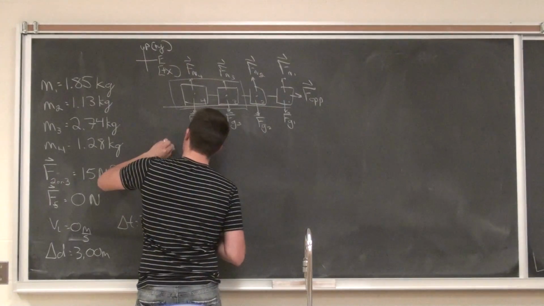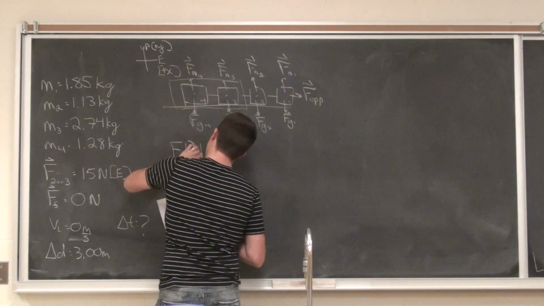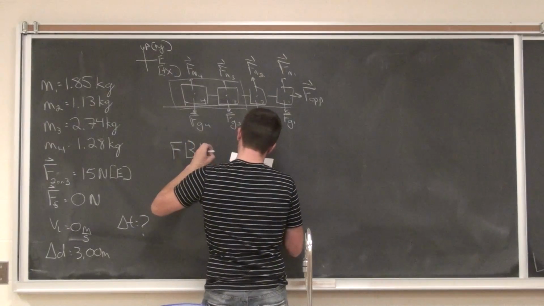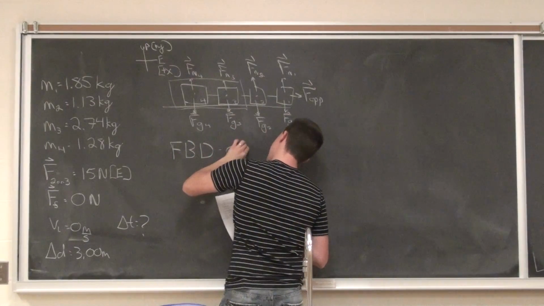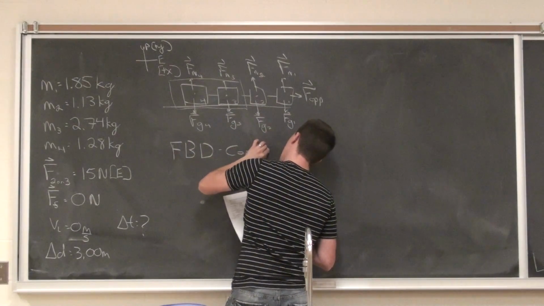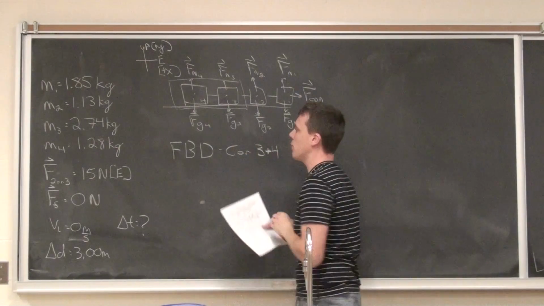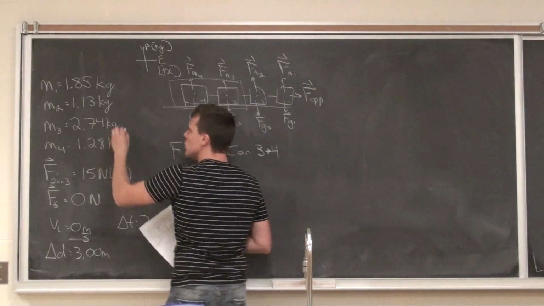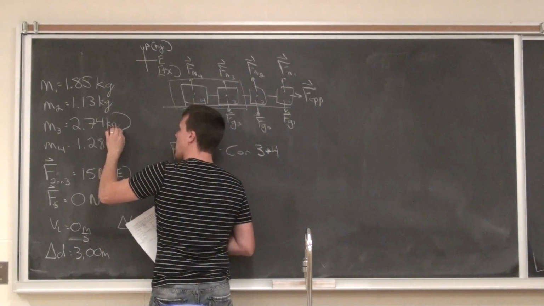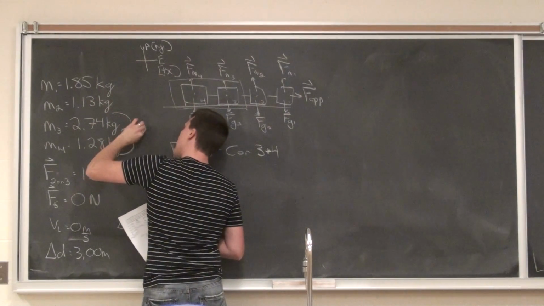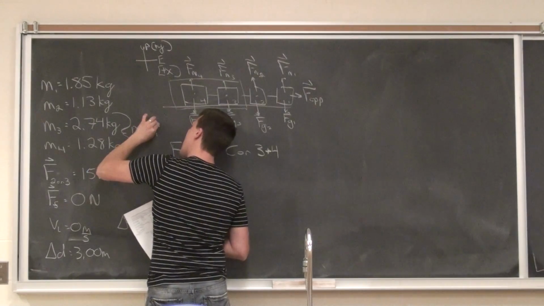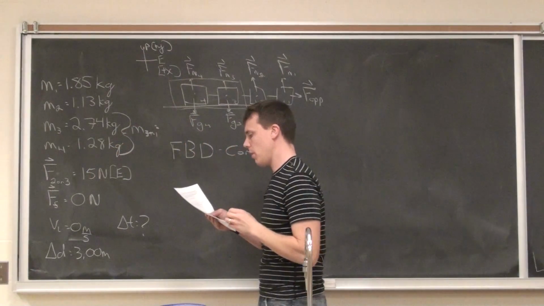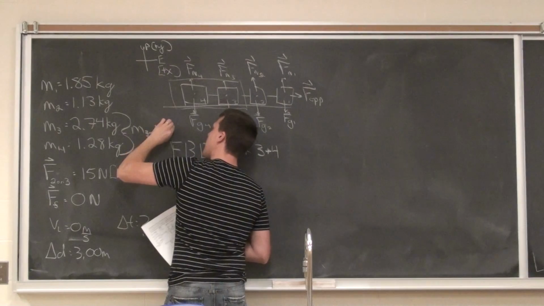So I'm now going to draw a free body diagram of car 3 plus car 4. So I'm going to make them into one box or represent them with one box. To do that, I know I'll need to put their masses together. So I'm going to call it m 3 plus 4, and I add 2.74 to 1.28, and I get 4.02 kilograms.